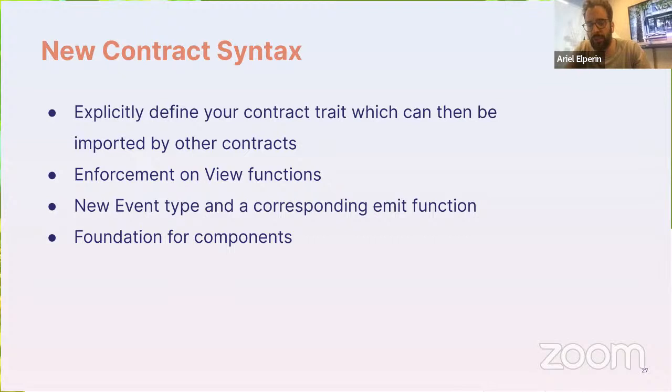Analogous to Solidity, if I want my contract to be ownable, upgradable, whatever, and it is defined elsewhere, and I expect it to enrich my external functionality, then components is the way to do it. You can do it now, but it looks a bit weird. There are workarounds to do it. But with the new syntax and components, there will be a much nicer way to go about it.